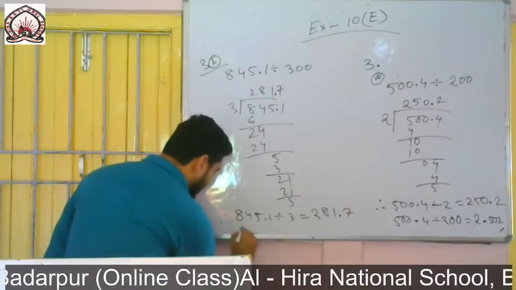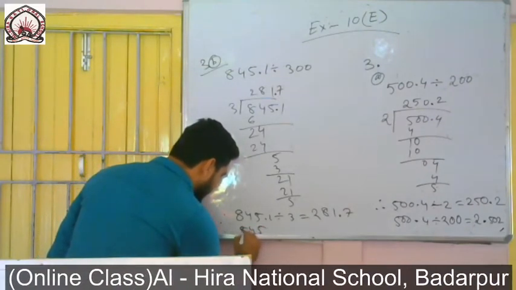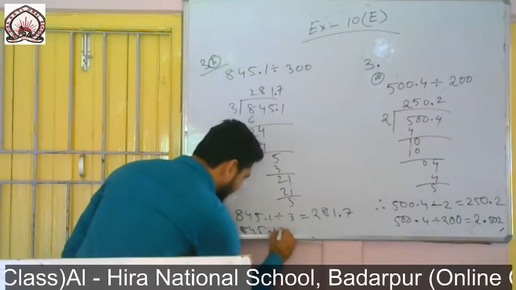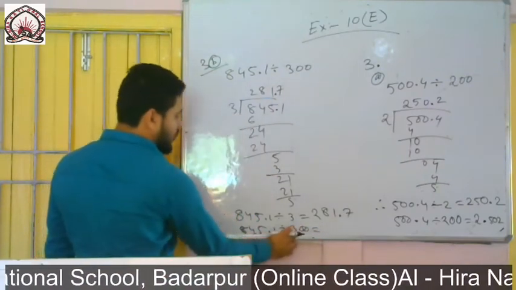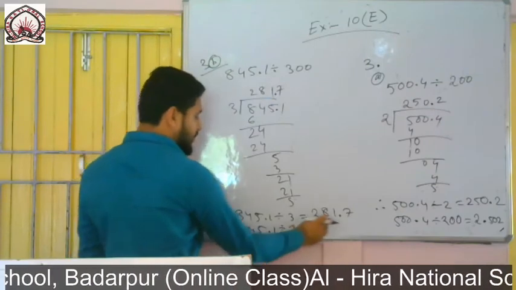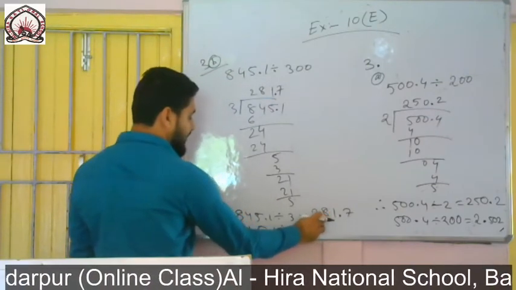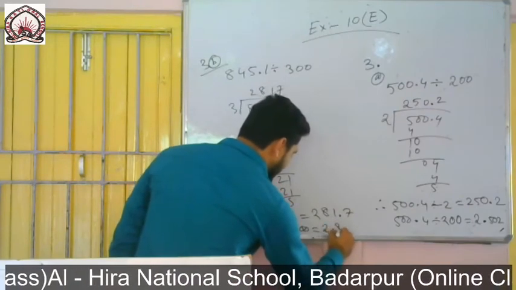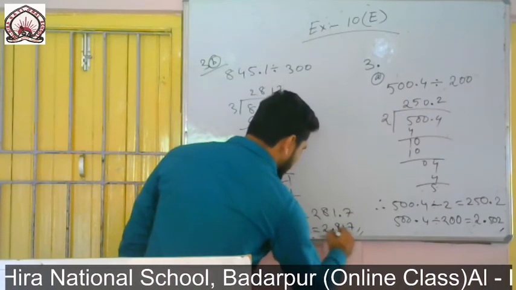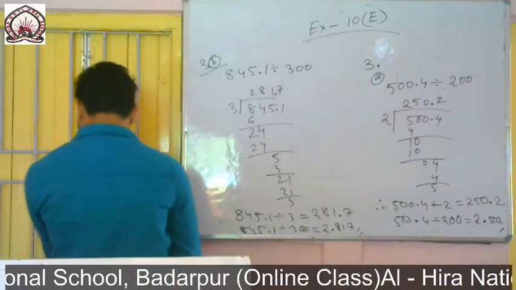Therefore 845.1 divided by 300 will be, 2 zeros, so it will shift 2 digits left, the point will come here, 2.817. 2.817 is the answer.